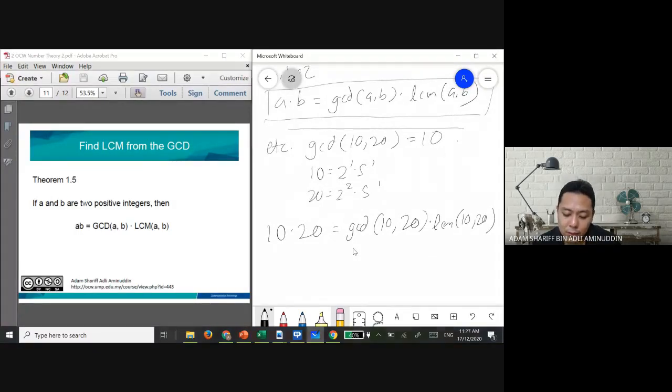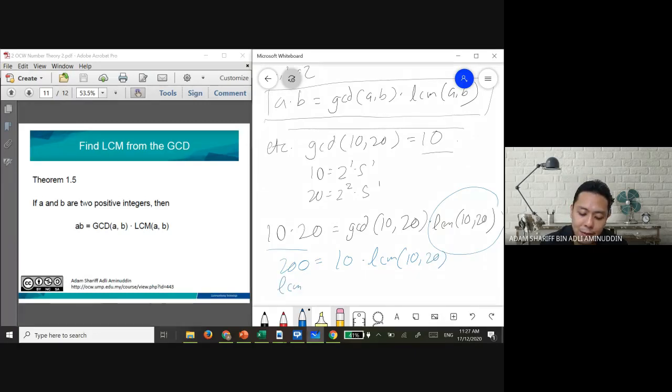Tetapi by using the knowledge of the GCD and the product of 10 and 20, you can already know what is the LCM of 10 and 20. Based on this fact, 200 is equal to 10 times the LCM. Therefore, LCM between 10 and 20, you just take 200 and divide it by 10, is equal to 20.